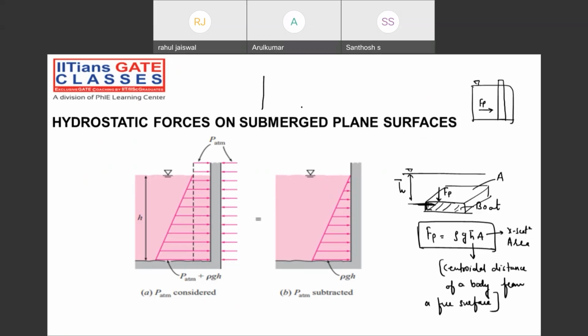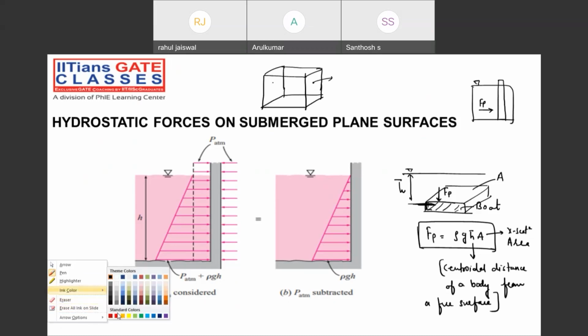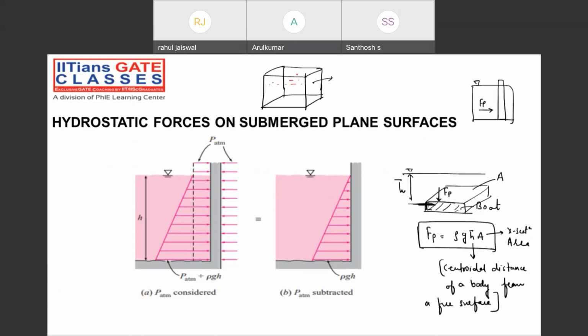Suppose this is the container I'm having, and on this side we have the liquid filled in the container. The liquid applies some kind of pressure force onto the right side of the wall, like this. This is the right side of the wall.